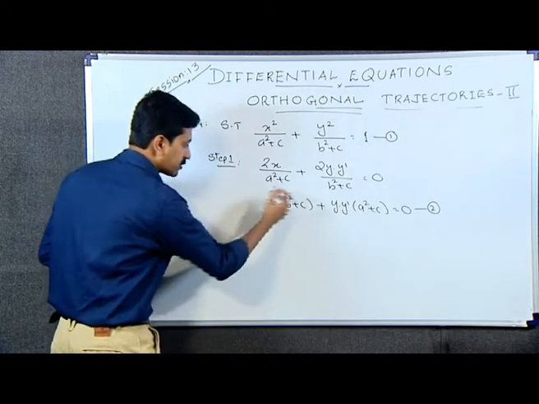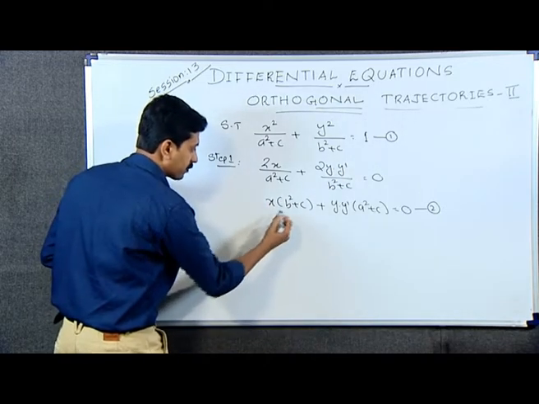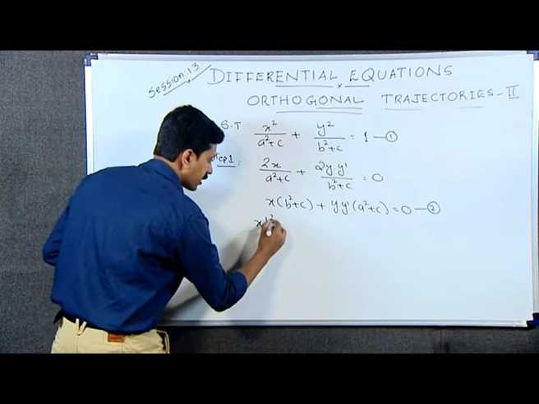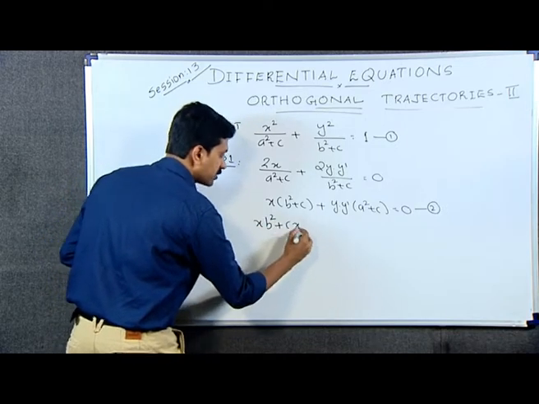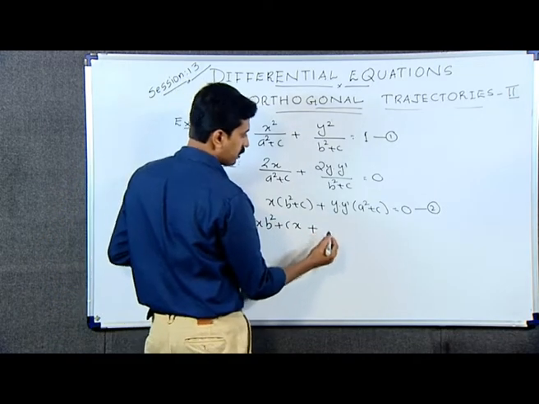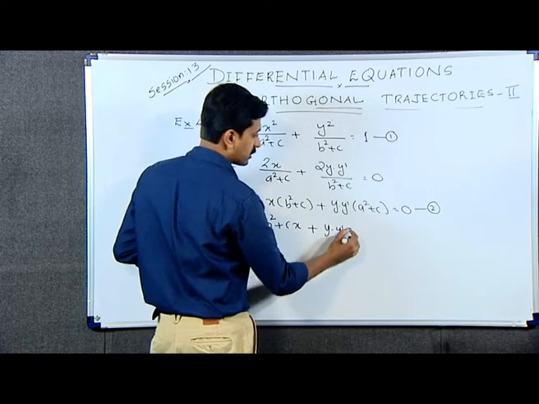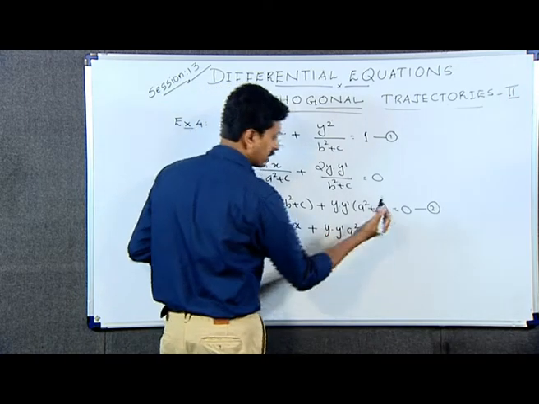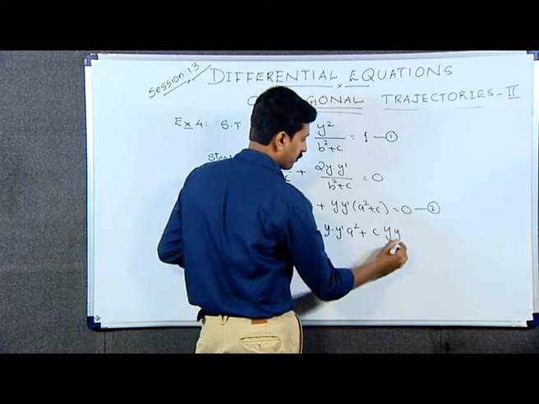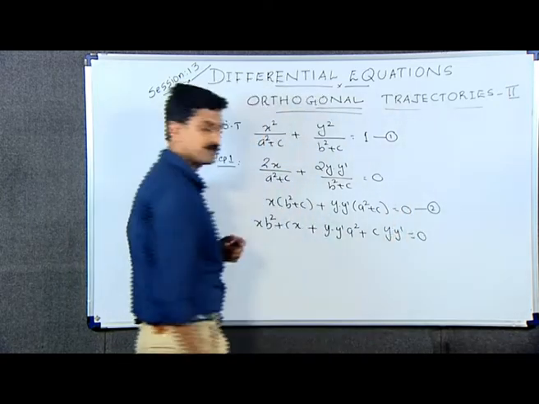From here we are able to find the value of c. Listen, taking x inside, we will have x b square plus c x plus y dash a square plus c y dash equal to 0.